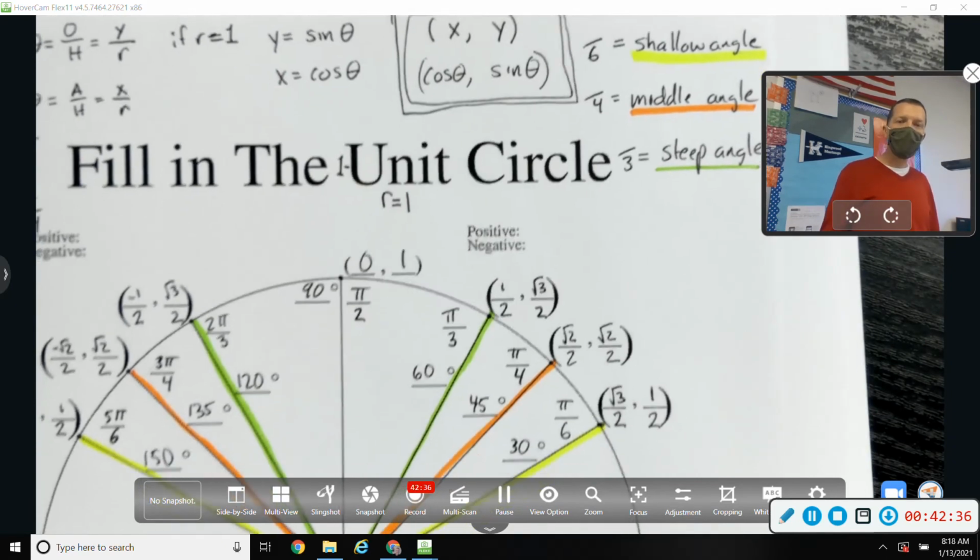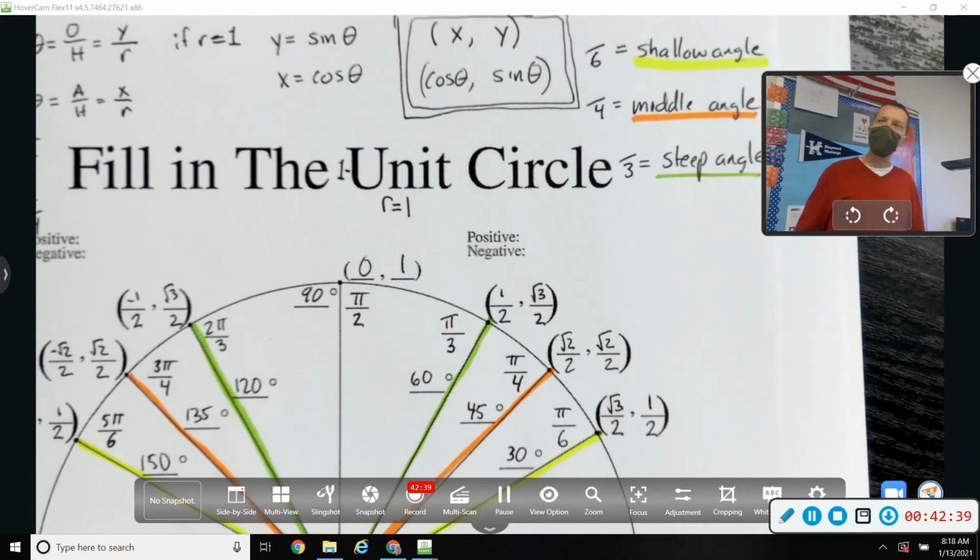can you tell by looking at your unit circle what the cosine of 60 degrees is? What is it? 1/2. We'd go to 60 degrees. Cosine would be the first one. So 1/2.